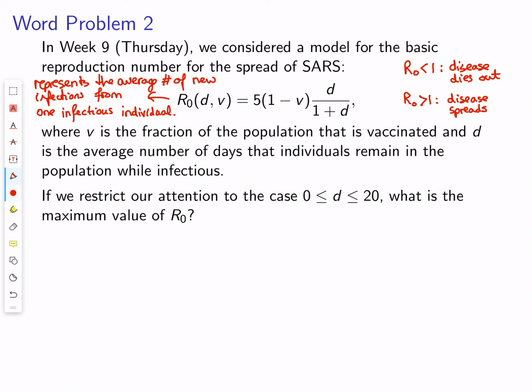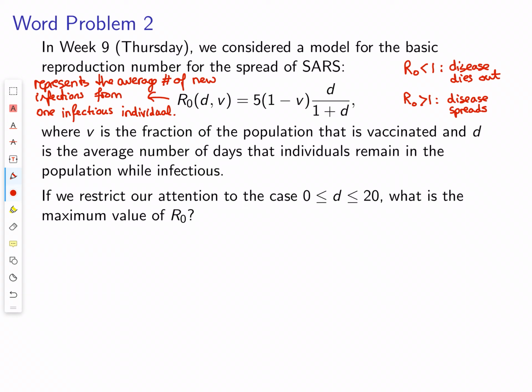And V is the fraction of the population that is vaccinated. If we restrict D to lie between 0 and 20, hopefully nobody walks around infectious for 20 days, then what is the maximum value of R naught?